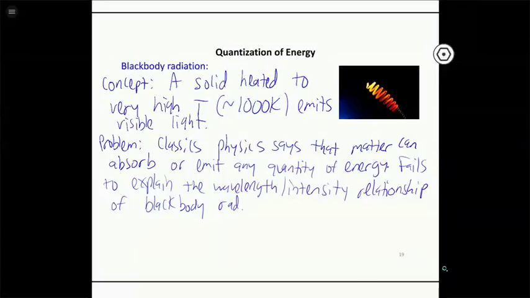And again, the key problem was that people were assuming that energy was continuous, that the energy coming off of these black bodies, or the energy radiating from the atoms, could have any possible value.